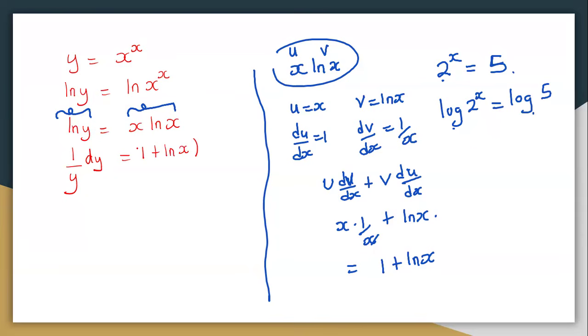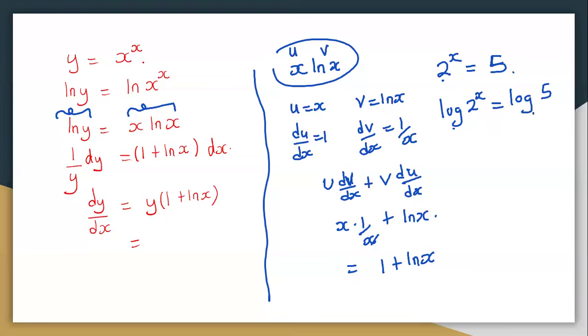But everything here we have differentiated with respect to x. Now, what are we interested in? We are interested in dy dx. So I'm going to say my dy dx is equal to y times 1 plus natural log of x. I've taken the y here and I've brought the x this side. But what is my y?